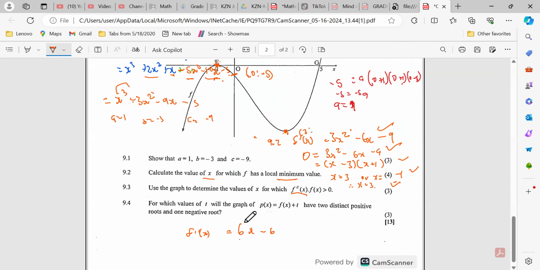First, we are going to start by putting 0 here. When x is equal to 0, our y is going to be equal to what? Minus 6. Yeah? But if you put 0 on y, you have 0 equal to 6x minus 6. You take this one to the other side. 6 goes with 6, and x is equal to 1.